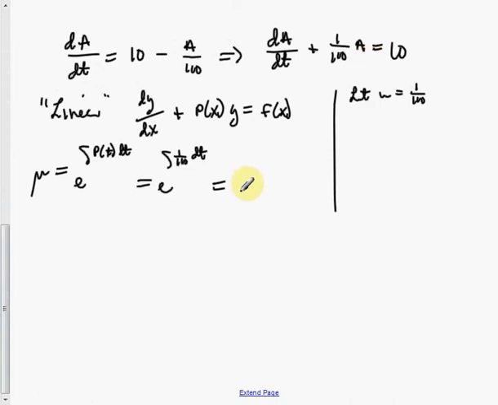Let me integrate that first. This is e to the t over 100. And I'll come back to this. We'll need that later in just a second.